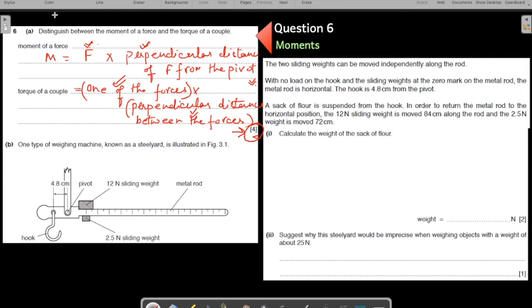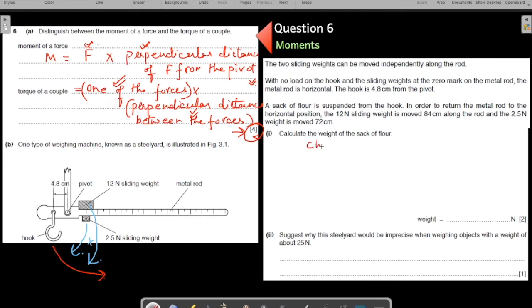So here you have the anti-clockwise moment created by the bag of flour, and what creates the clockwise moment? The 2 sliding weights create 2 clockwise moments. So what you have to do, you have to use some writing work here.